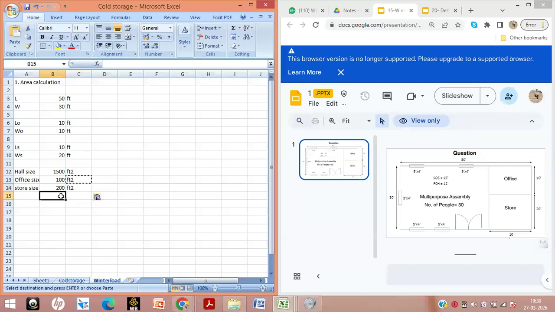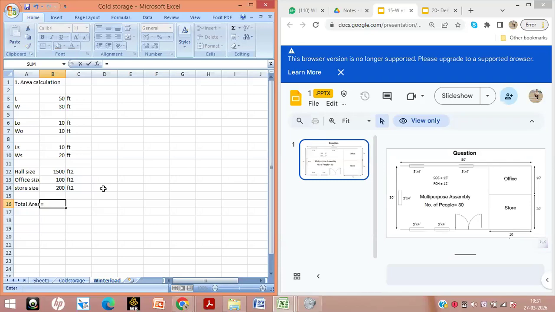Okay. So now we have calculated the area individually. Hall area we calculated, office area we calculated, store area we calculated. Now, what about the total area? So let's consider total area. Total area equals to, we need to add all the three: hall area, office area, and store area.